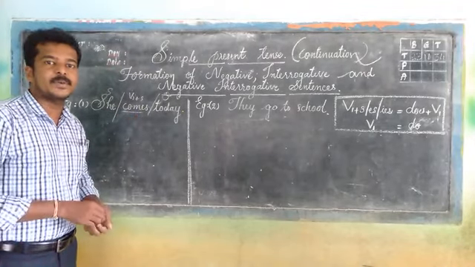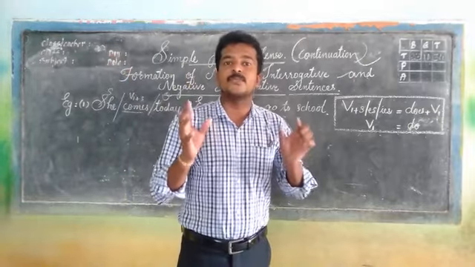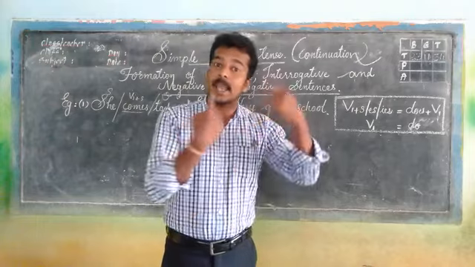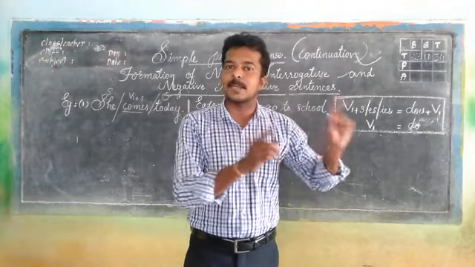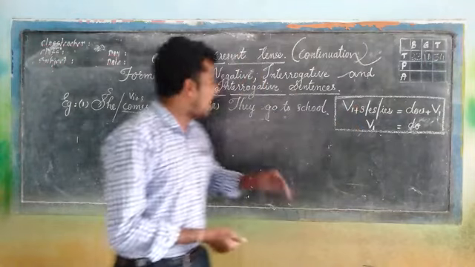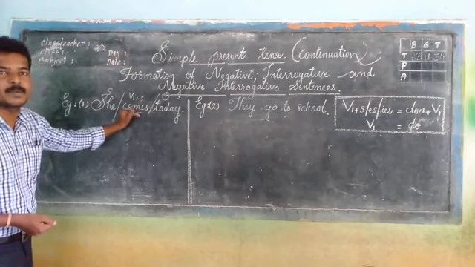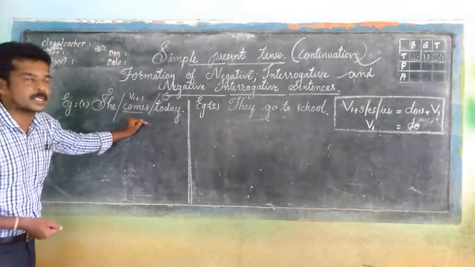As I told you, in simple present tense, the structure of the verb will be subject followed by either V1 or V1 plus s, es, or ies, plus object. As for this sentence, she comes today, it is expressed in simple present tense, and it's an affirmative sentence or a positive sentence.